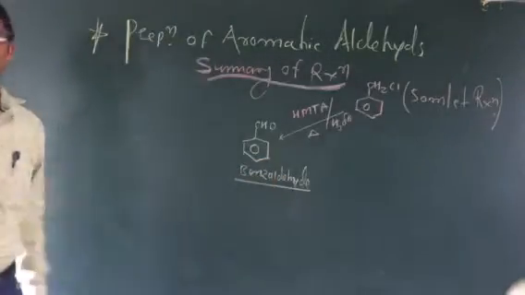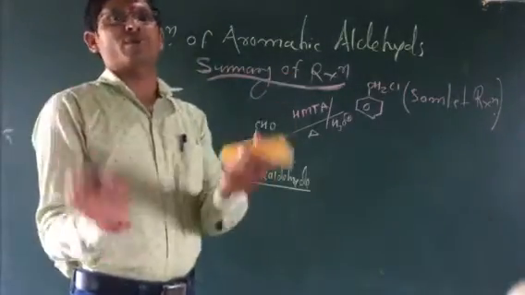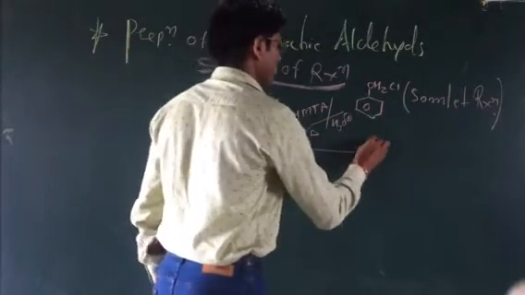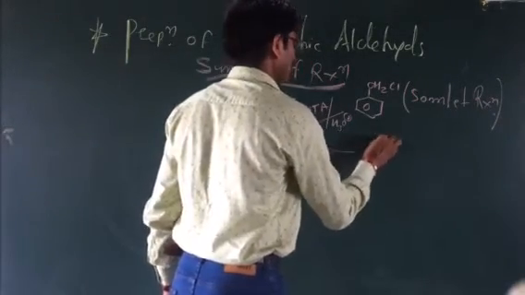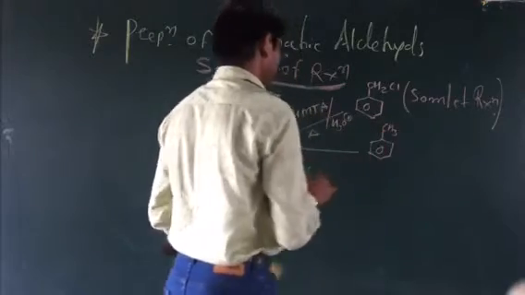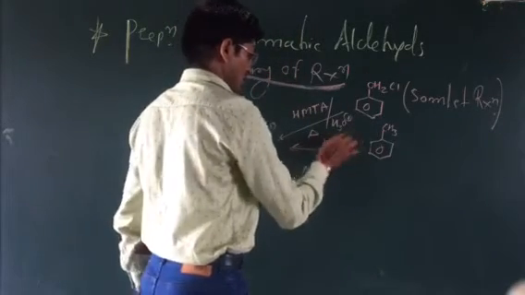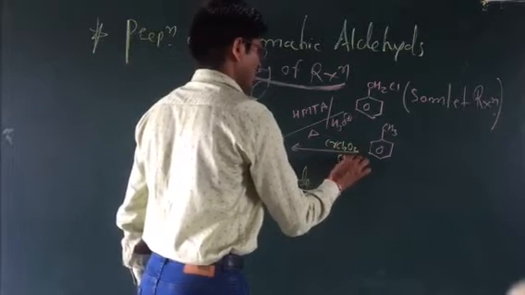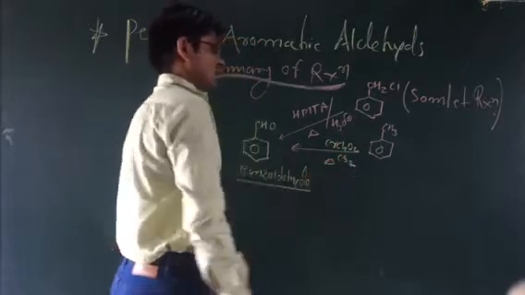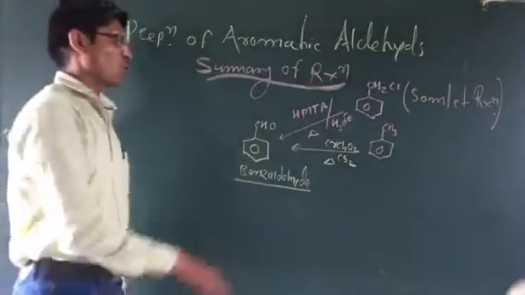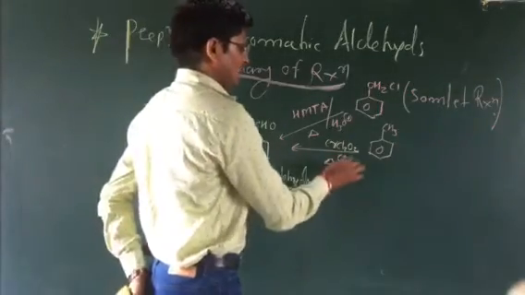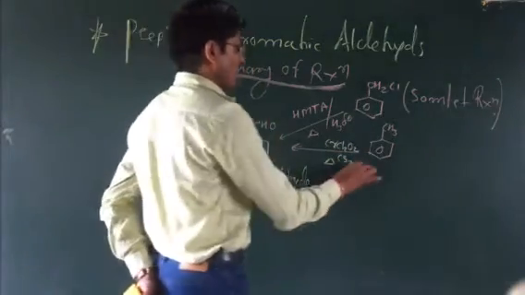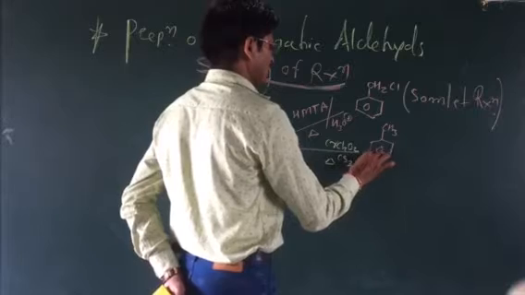The next case we are discussing is the preparation of aromatic benzaldehyde starting from the toluene molecule. This toluene is reacted with CrO2Cl2, chromyl chloride, in the presence of carbon disulfide, giving benzaldehyde after hydrolysis in acidic condition.